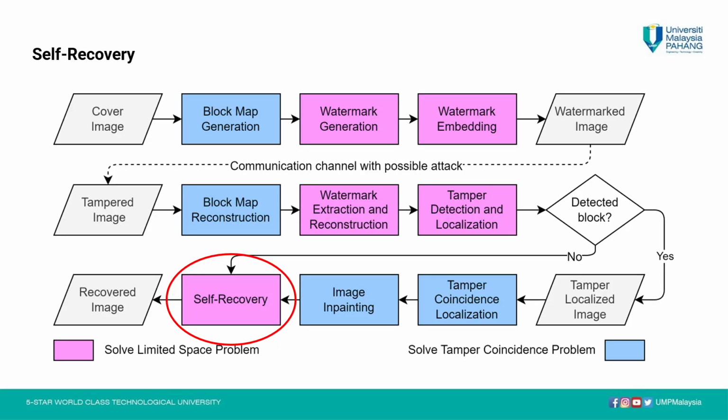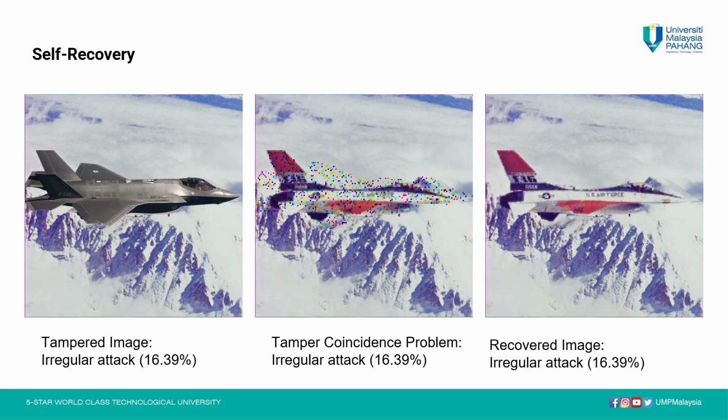And then the next one is self-recovery. In the self-recovery, here is the tampered image, and this is the first step of recovery, where you can already see that there is a tamper coincidence problem here. So the information is lost, so we have to recover the part which has lost information.